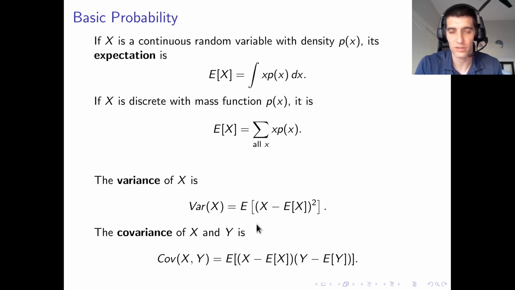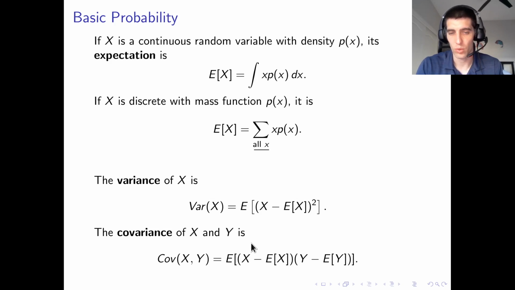This is the definition of variance, where how you actually evaluate this depends on whether x is discrete or continuous, whether you use an integral or a sum. I'll mention here, as a small aside, that by all x I mean all x in the support of the random variable, that is, all possible x's. So this is a variance.